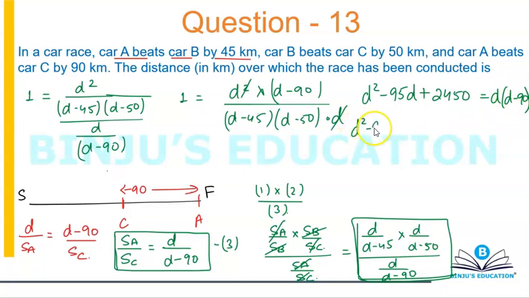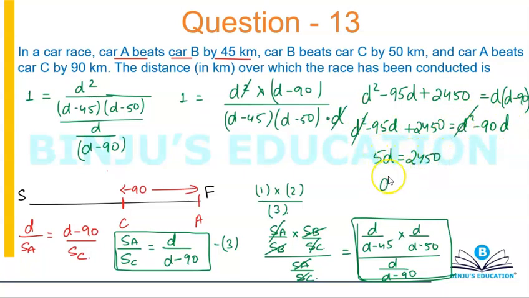So D square minus 95D plus 2450 is equal to D square minus 90D. So D square cancels out, and 5D is equal to 2450, or D is equal to 490. So the distance in kilometers over which the race has been conducted is equal to 490 kilometers.